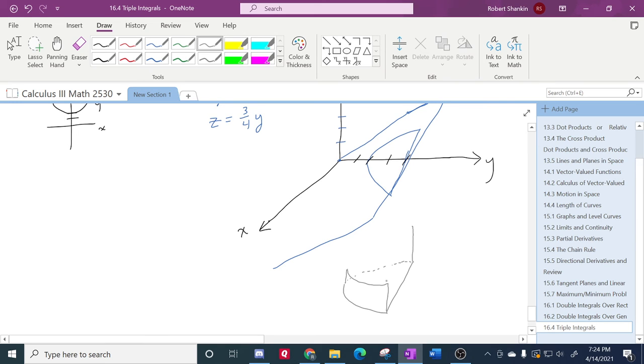And we connect these two. And then this is this portion of this parabola, but up higher on this plane, straight up from there, over here.